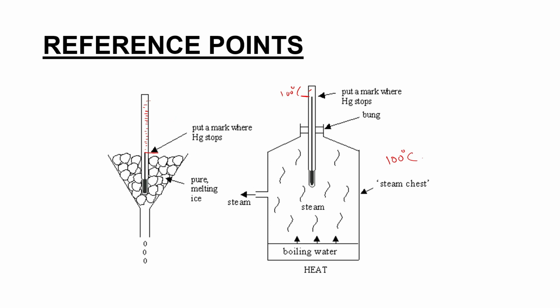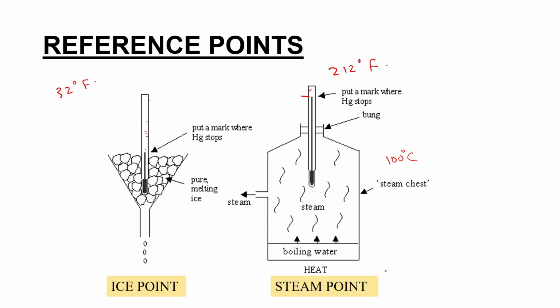But maybe in a Fahrenheit scale it is different. For Fahrenheit, the melting point of ice is taken as 32 degrees Fahrenheit and the boiling point is taken as 212 degrees Fahrenheit. So this is the difference. Different temperature scales use different reference points. Usually the two reference points we take are the ice point and the steam point, and these reference points are used to calibrate the thermometer.